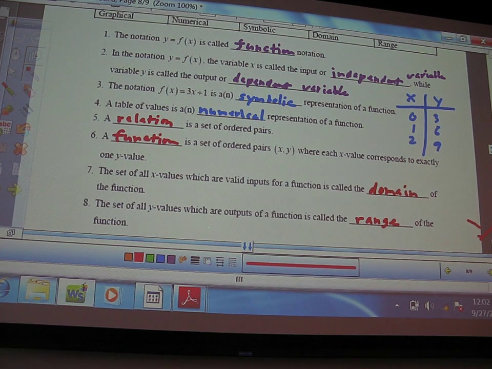We're going to move on to the vertical line test. Vertical line test. All right, so vertical line test.